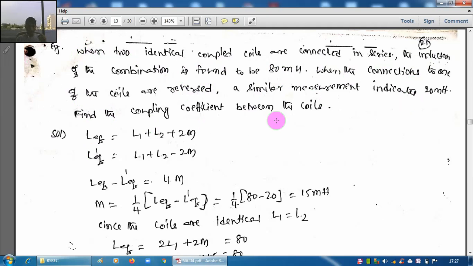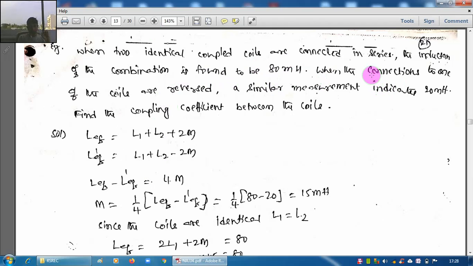Find the coefficient of coupling between the coils. In the problem two coils are given. In one mode of connection total inductance is found to be 80 millihenries, and in the second case one coil is reversed. One coil reversed means the current in that coil is opposite.